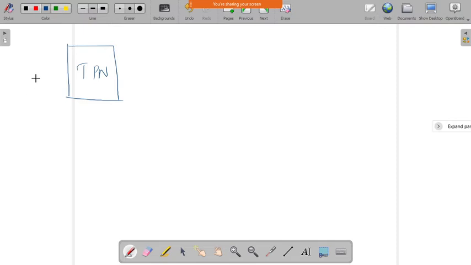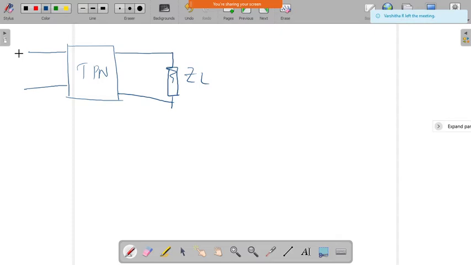Now we have the load, which we can represent as the impedance ZL, and we have the source, which we can write as Es at an angle 0, and the source impedance, which is Zs.